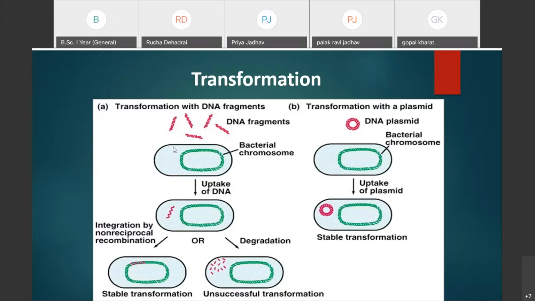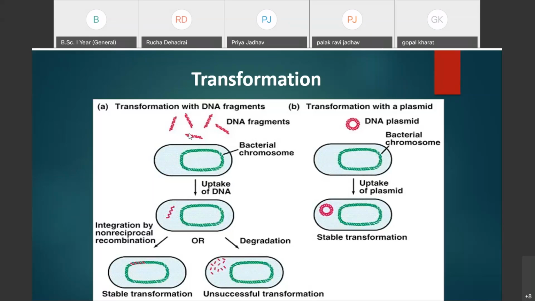Then these recipient cells may take a maximum of about 10 fragments of the foreign DNA.